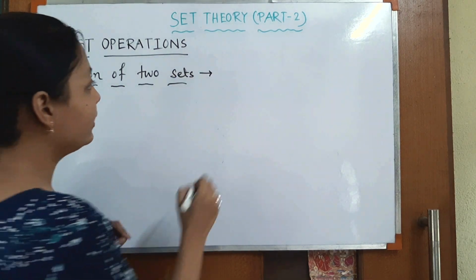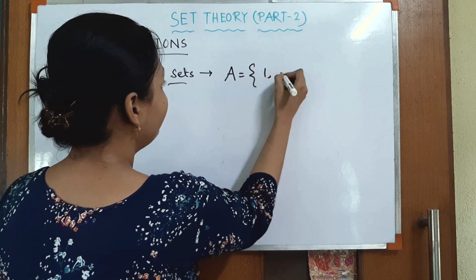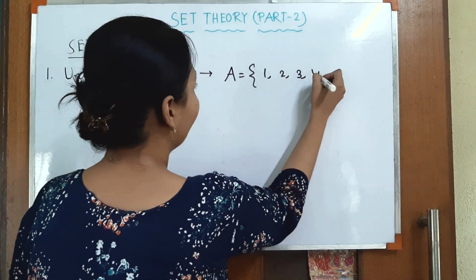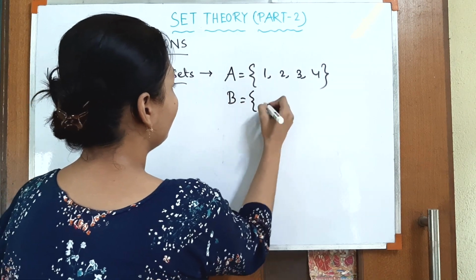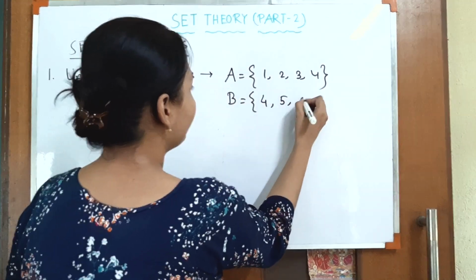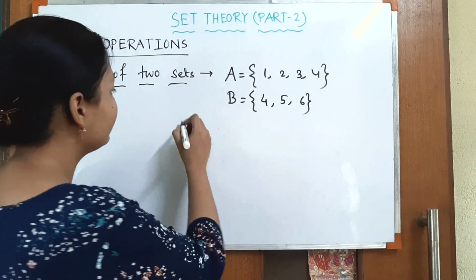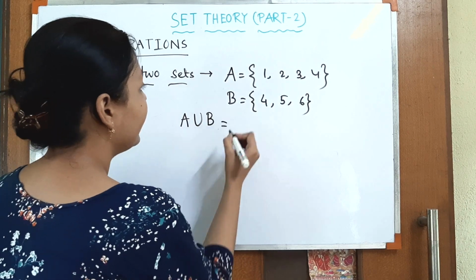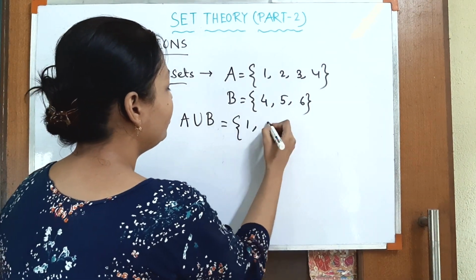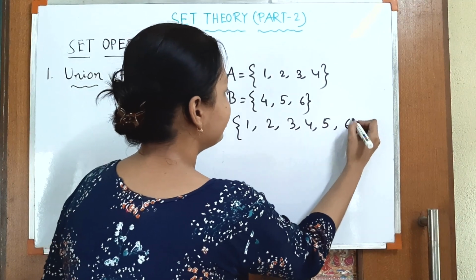Let us take a set A equal to {1, 2, 3, 4} and another set B equal to {4, 5, 6}. Then we can write A union B as {1, 2, 3, 4, 5, 6}.